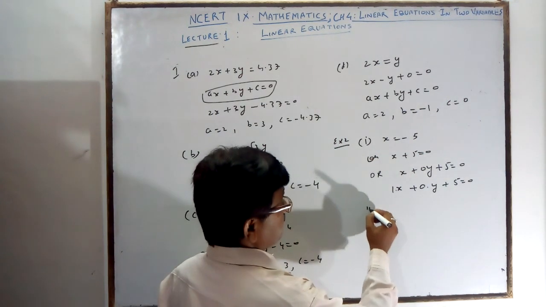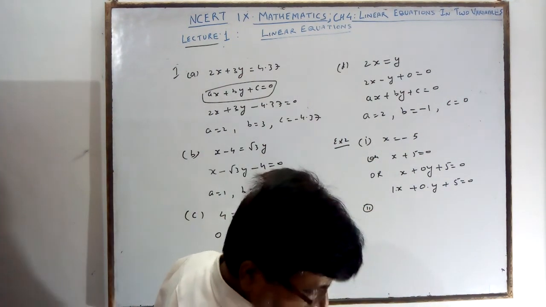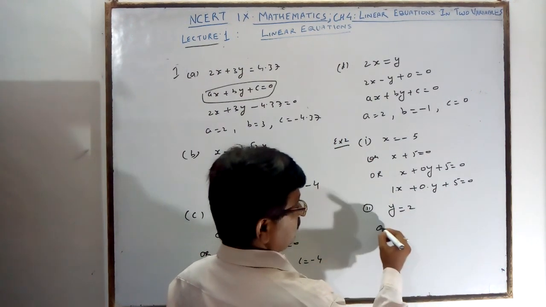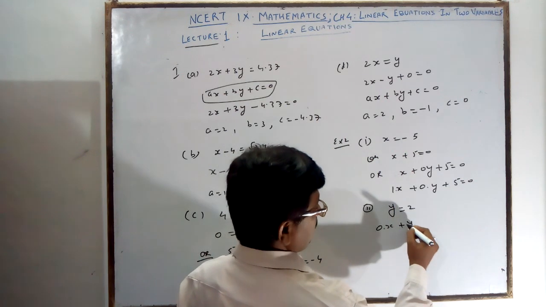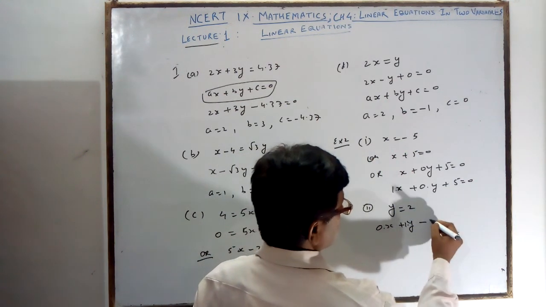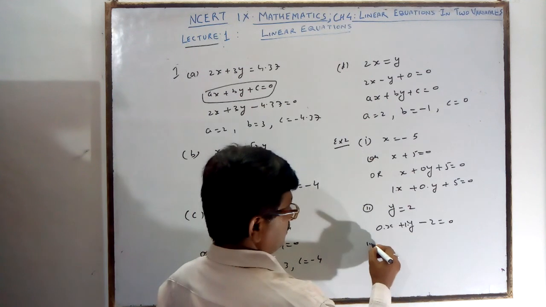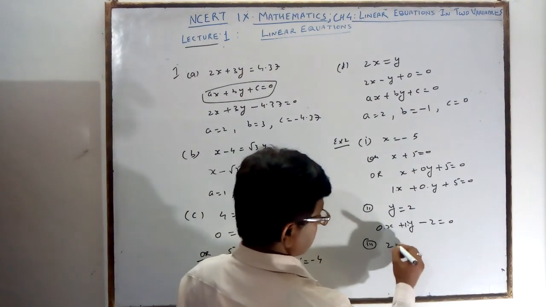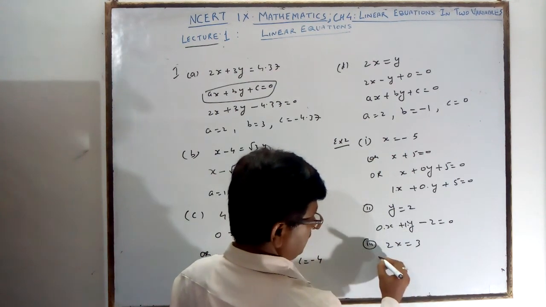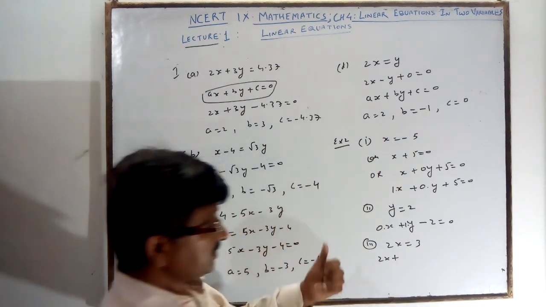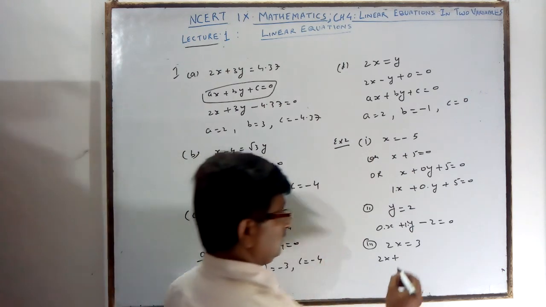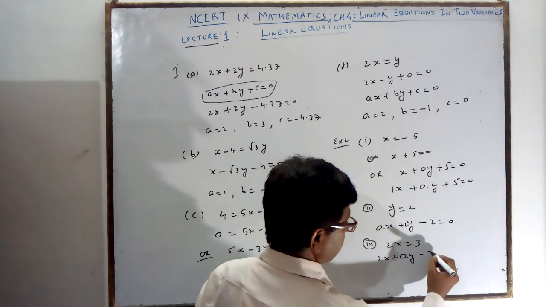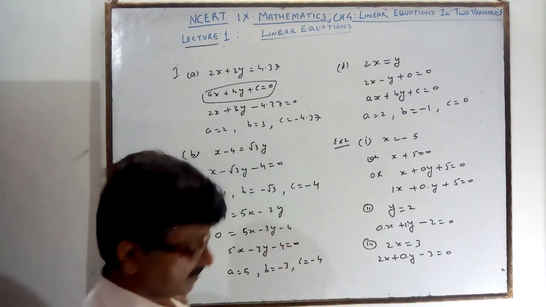Second part is given: y equal to 2. y is given, x is not given. You can write 0x plus 1y minus 2 is equal to 0. Third part is given: 2x equal to 3. What will you write? 2x plus, which term is not given? y is not given. Which is not given, you put 0 for it, and transpose: 2x plus 0y minus 3 is equal to 0.